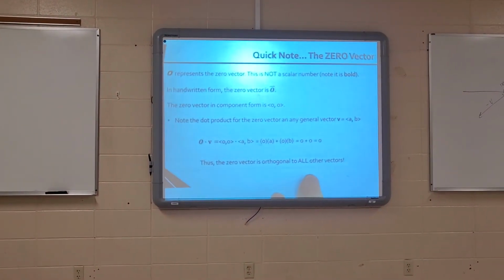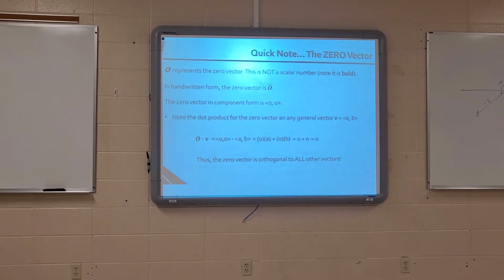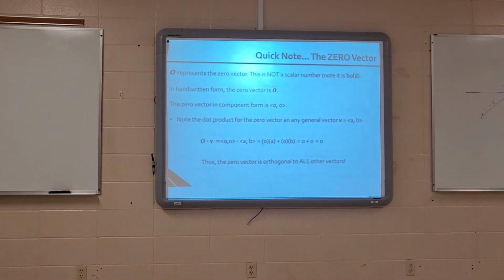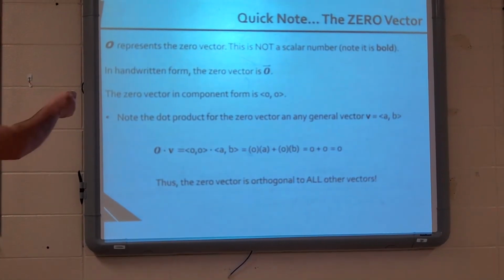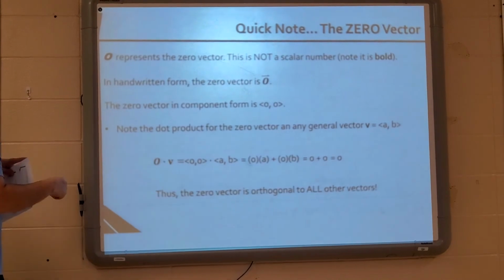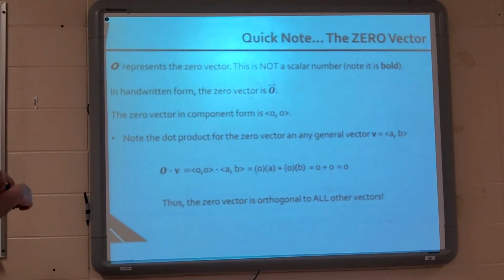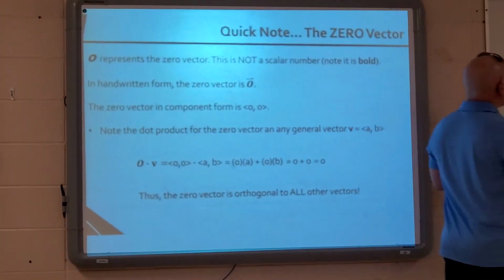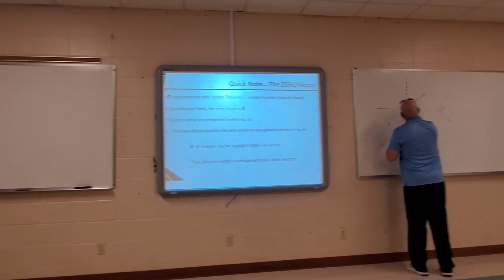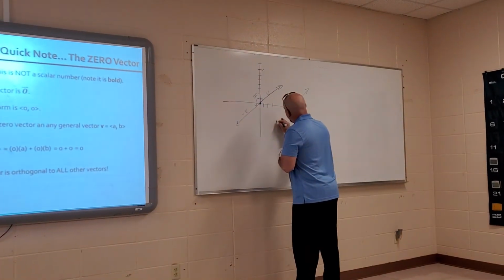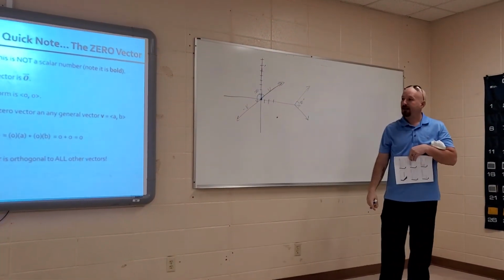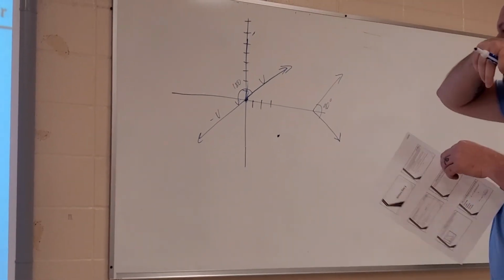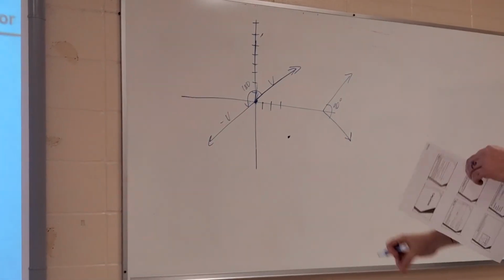Now, zero vector. Zero vector is not a scalar number, okay? It means that the vector is 0. Basically, it's this dot right here. That's a 0 vector. Okay? Does that make sense? It isn't 0. It's a 0 vector.